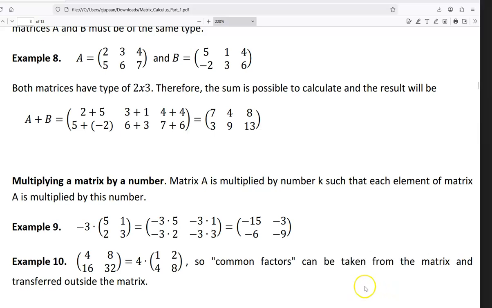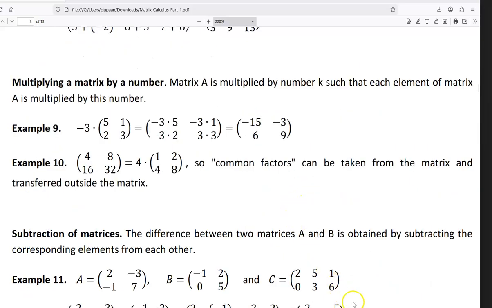And then there is the calculation rule for multiplying a matrix by a number. This is also quite a simple rule.